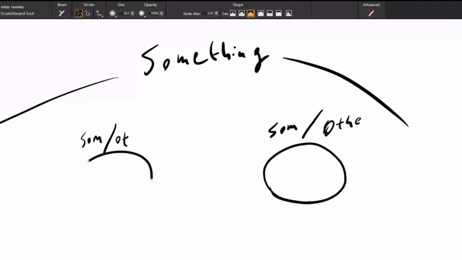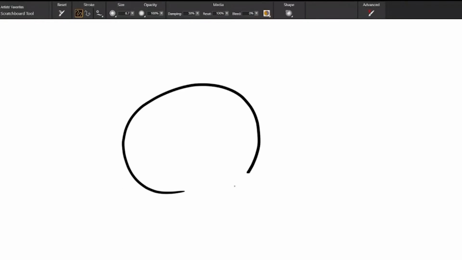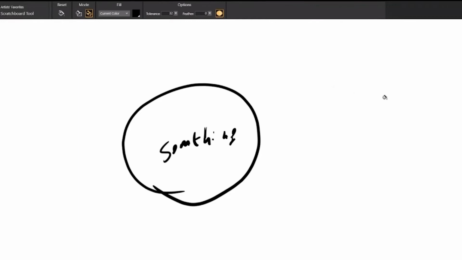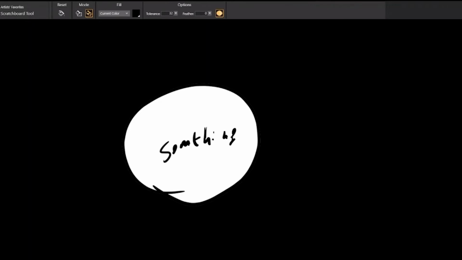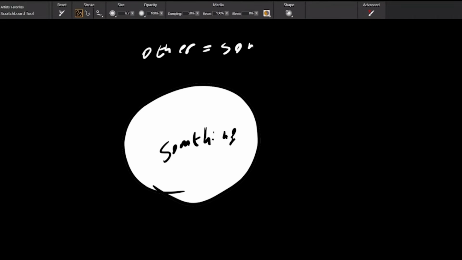here's another way to see this, probably even better. This inner is a something. Surrounded by the otherness. But it also is something.